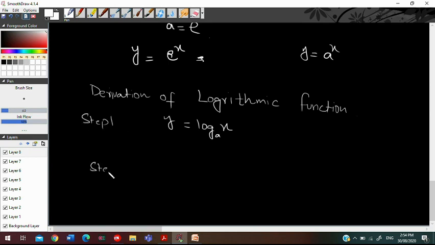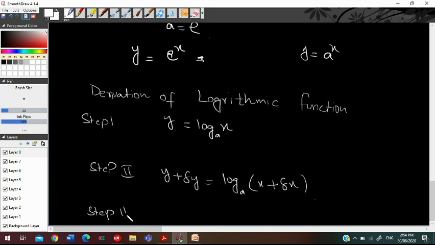In step 2, y plus delta y is equal to log base a of x plus delta x. Then step 3, we subtract these two equations and get log base a of x plus delta x minus log base a of x.